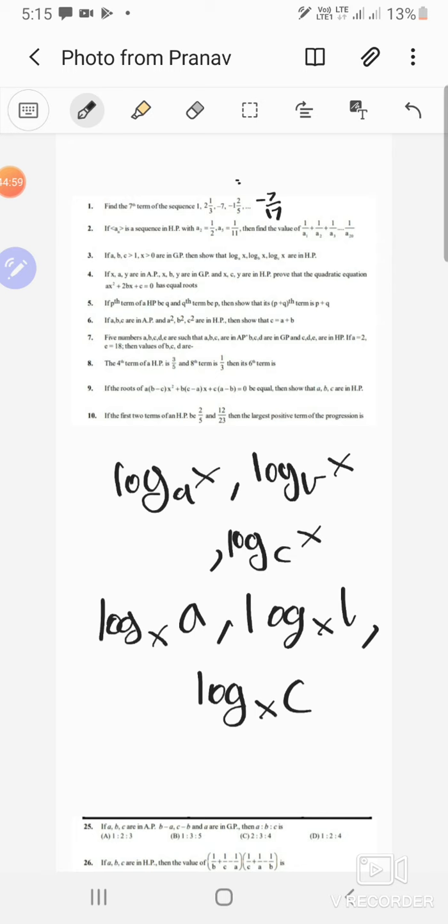So this is obviously correct. In other words, we have to prove that x to the a, x to the b, x to the c are in geometric progression, where the difference in power is the same, which is correct.